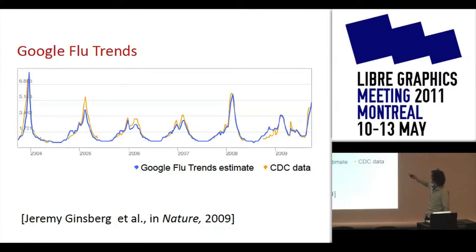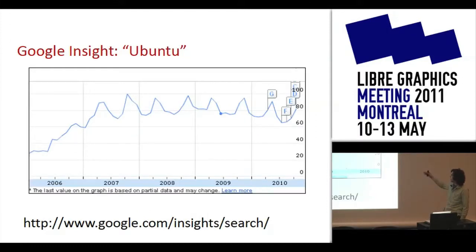Now, the important thing is that their model is very close to the data that was released by the CDC, but they were able to produce these numbers in 24 hours, whereas the CDC had a 7-day lag because they had to wait for the doctors to report all these cases. So it's a very, very powerful technique. Now, taking this a bit closer to what we do, I looked at Google Insights for Ubuntu, and I think we can see a 6-month release cycle here. So it's actually a pretty neat data source.